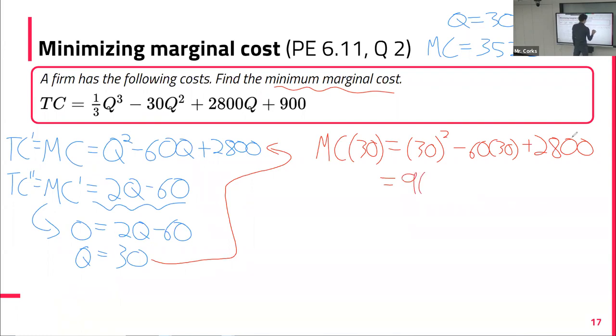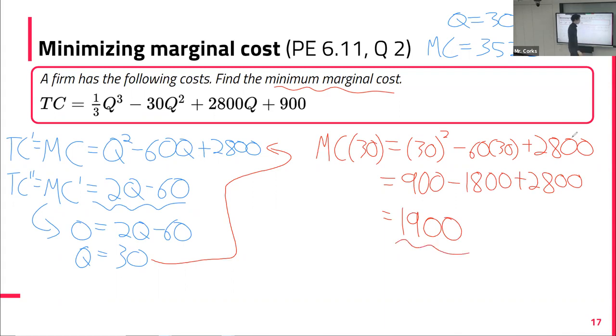So 900 minus 1,800 plus 2,800. 1,900. So there we go. Not too hard to solve.